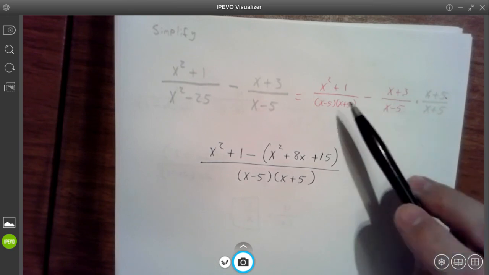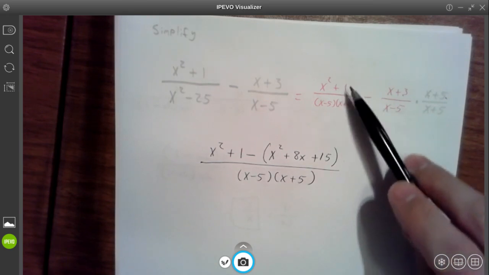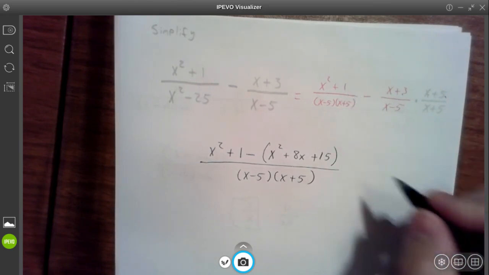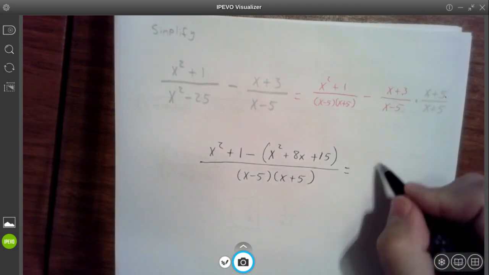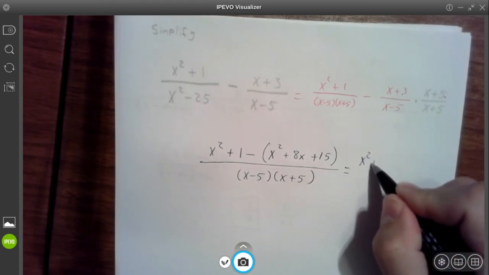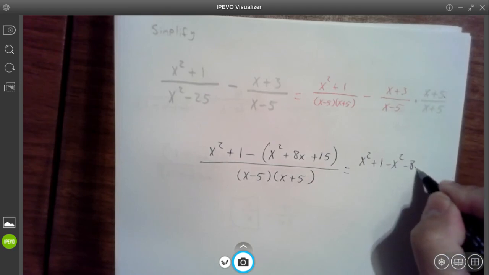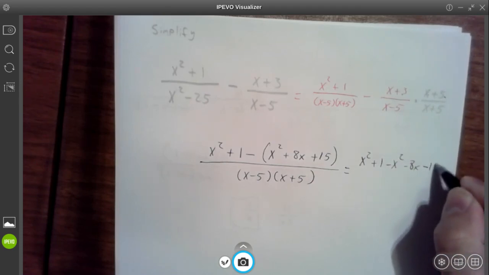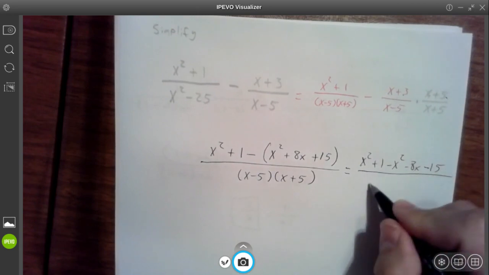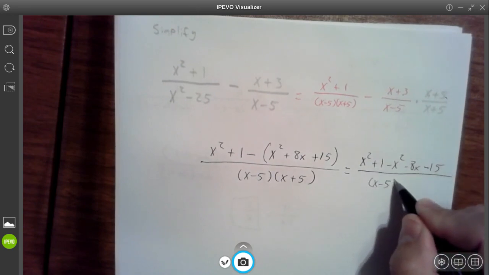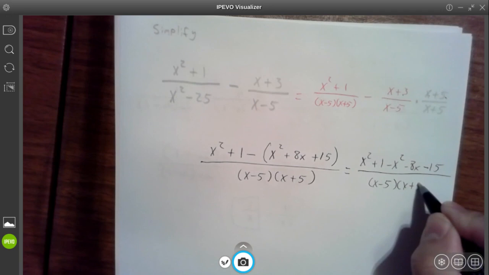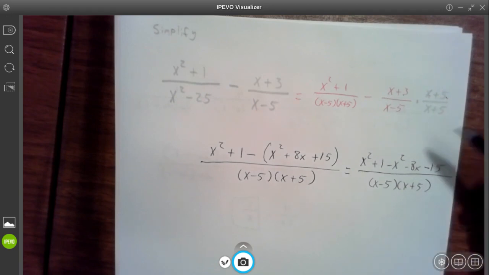So I didn't have to multiply the top and bottom of this by anything. All right, we can simplify it. It's going to be x squared plus 1 minus x squared minus 8x minus 15 over the exact same thing. Of course, you've got your x squareds that cancel.